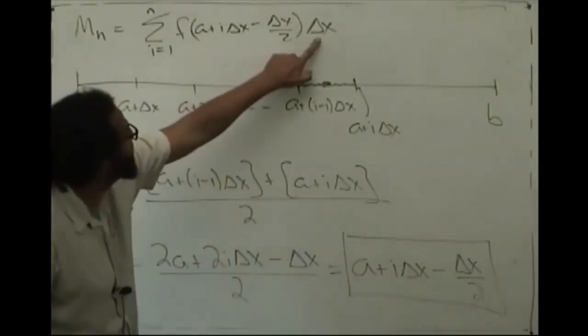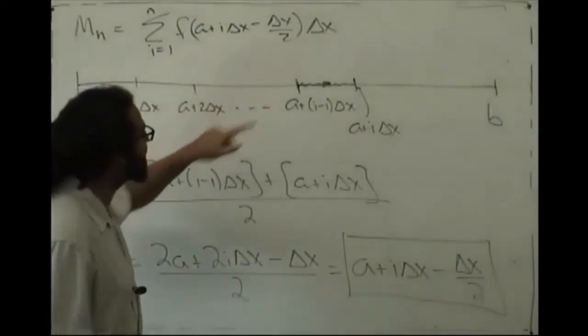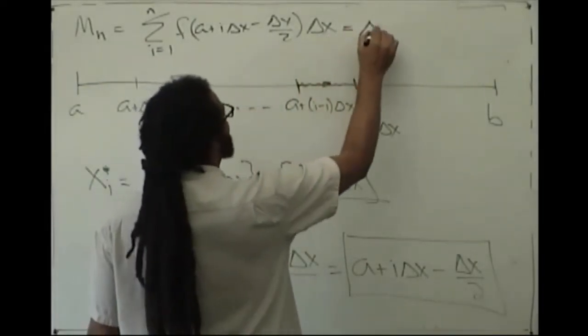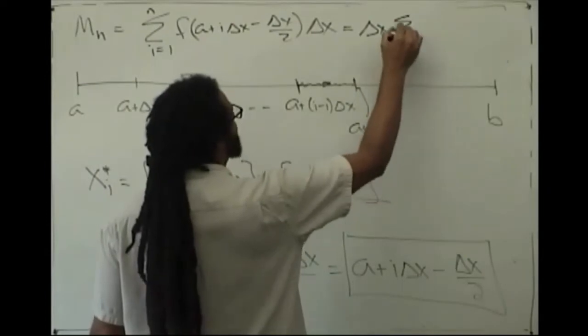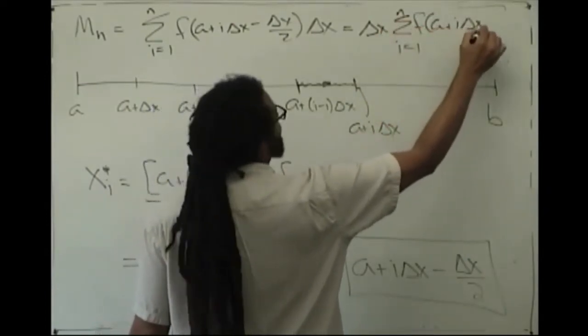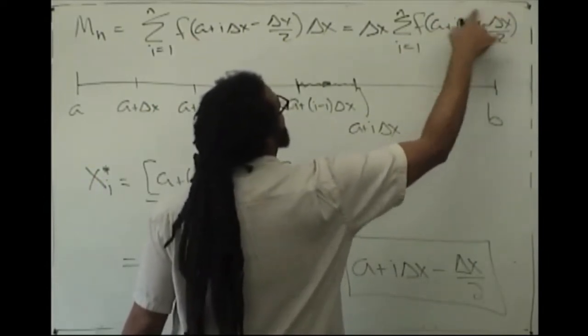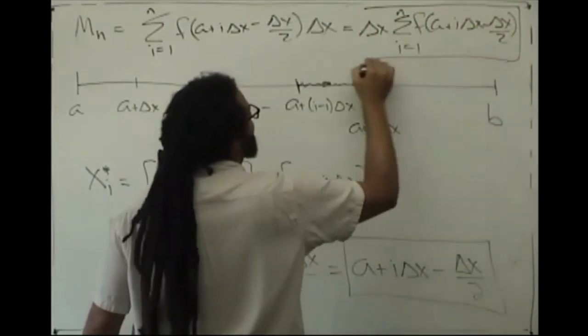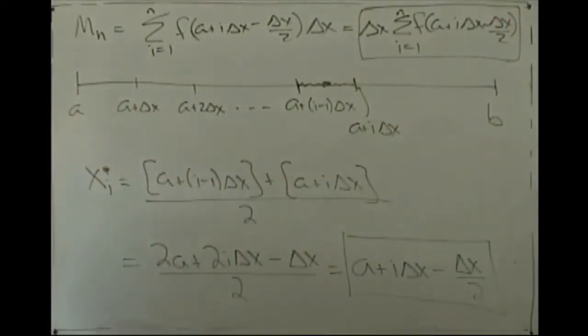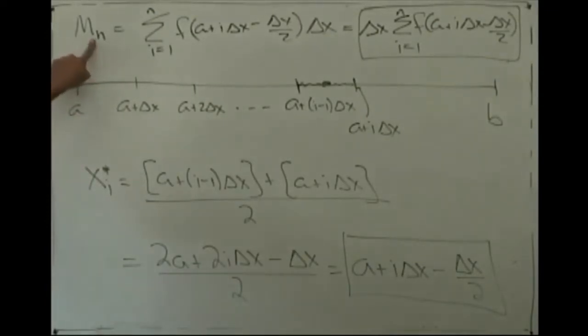And now you can just factor out a delta x because it doesn't have an i in it, right? It's constant. And so here I just get delta x, the sum i goes from 1 up to n, f of a plus i delta x minus delta x over 2. Right, so here's our expression for the midpoint approximation to the area under the curve f on the interval from a to b using n rectangles.